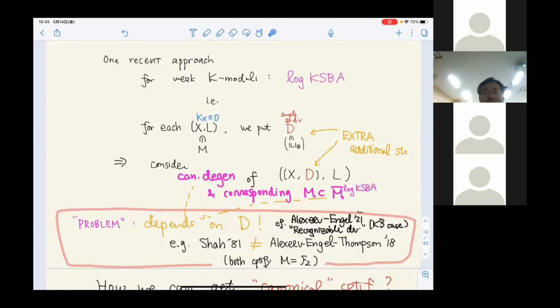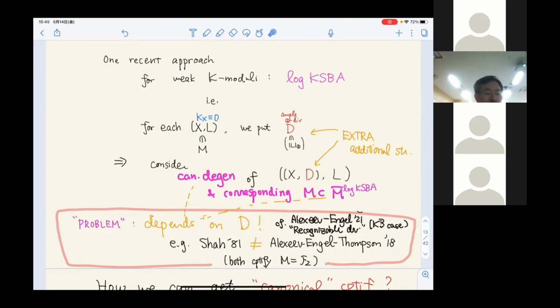And what they proved is that if you consider recognizable ones, then the moduli compactification you obtain should be the normalization of a semi-toric one in the sense of Loijenga.